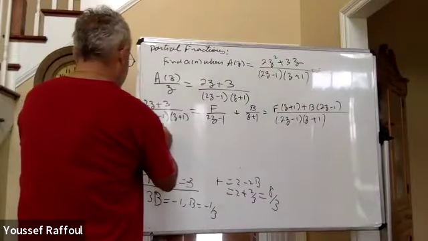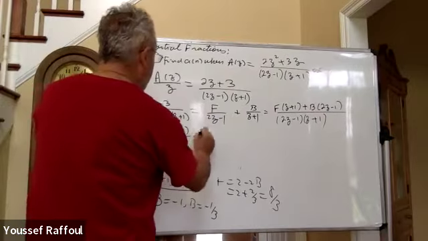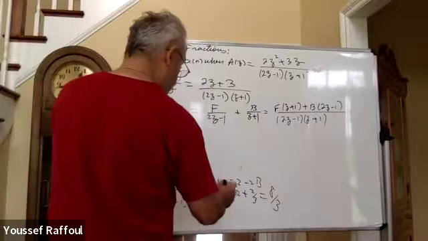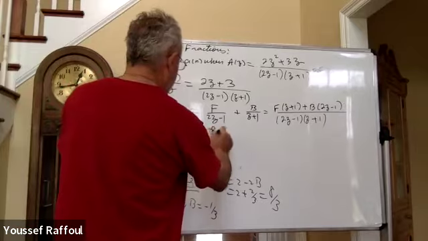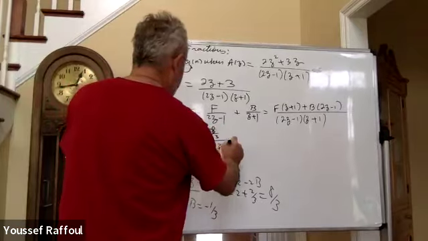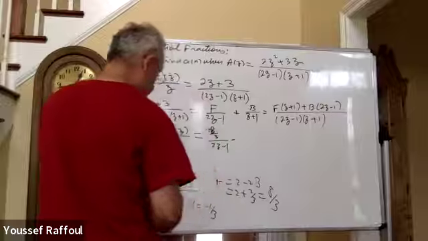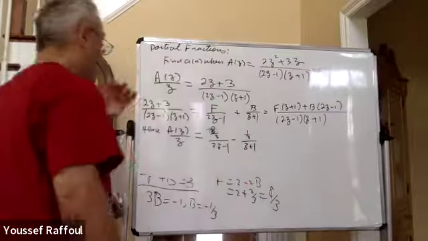And so hence A(z) over z equals F, and F is 8/3, over 2z minus 1, minus 1/3 over z plus 1.